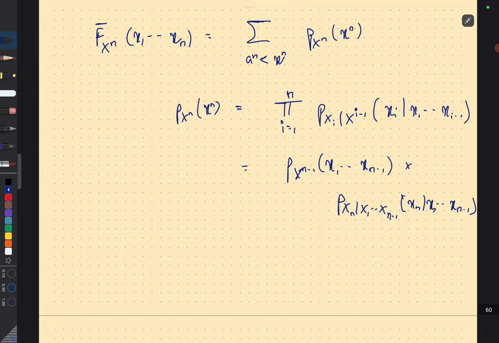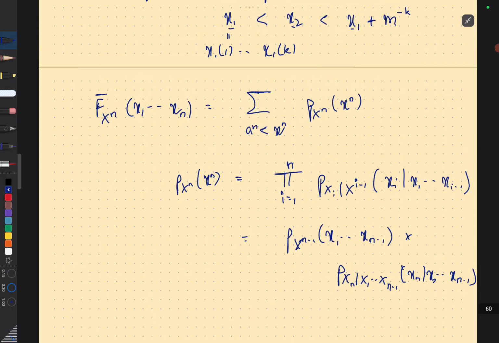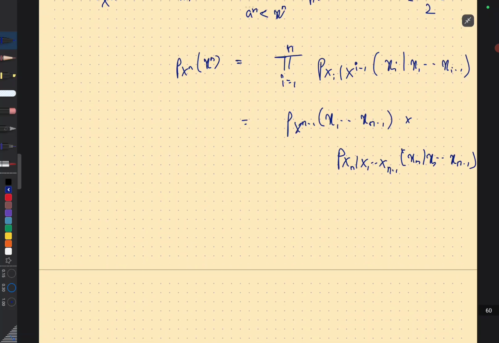However, there is a simpler way of computing this. Sorry, there's a slight error over here. This should be plus p of x^n divided by 2. That is what F bar of x^n is.